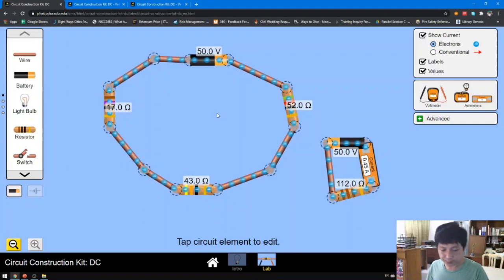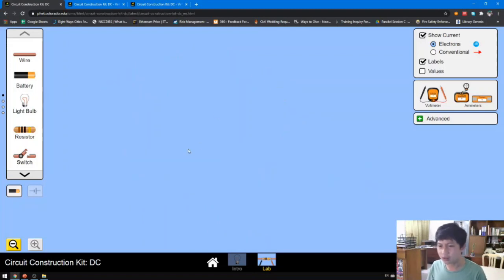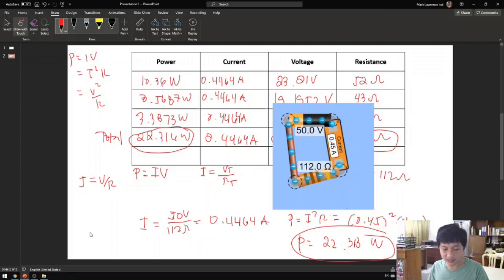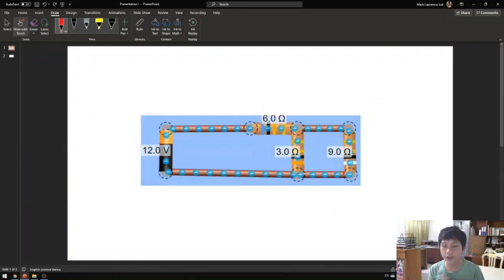Let's change things a bit. What if we have a different scenario now? We're going to determine the current that flows here and the voltage across each resistor.